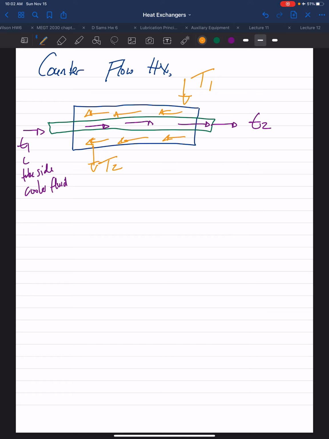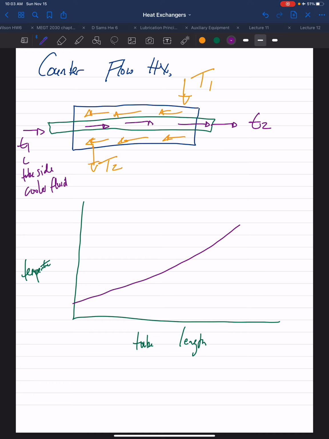And how this temperature profile looks. X-axis, once again, is tube length. Y-axis is temperature. So as my cooler fluid flows down the tubes, it gets warmer. So my lowercase t2 is greater than the entering tube temperature, which makes sense. So this would be my t1, t2 of the cooler fluid.